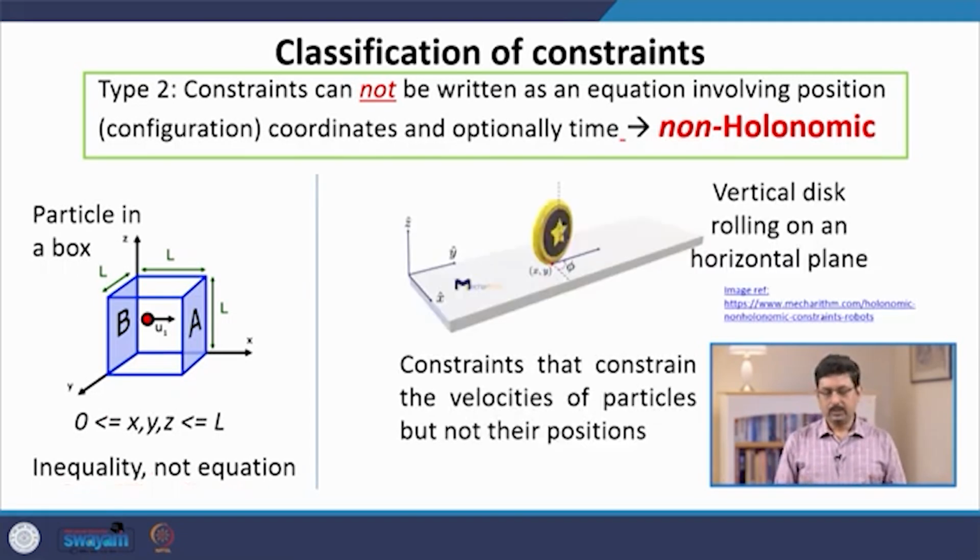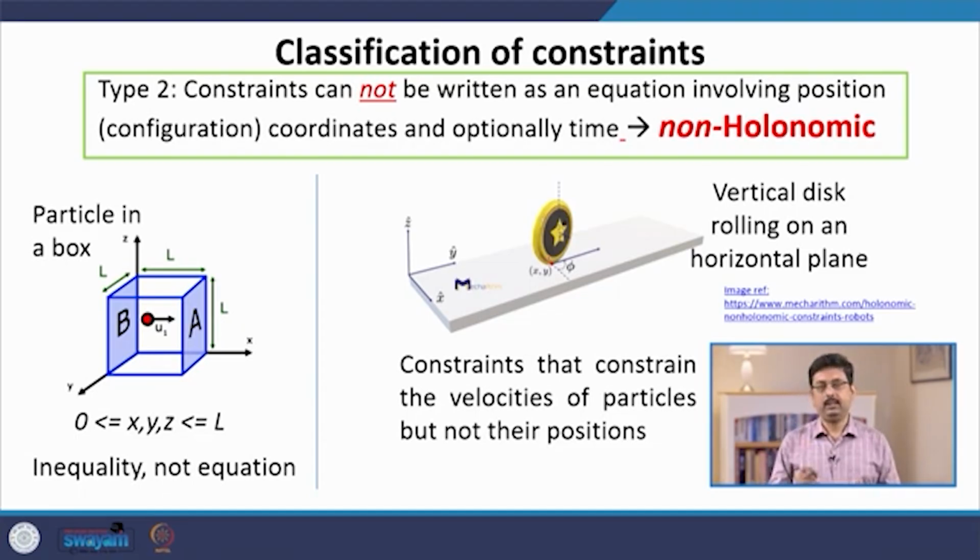Another example which is also very common and very important is the motion of a wheel. Consider this vertical disc which is rolling on a horizontal plane. As you know, the rolling motion does put a constraint. The constraint is that the relative motion between the instantaneous point of contact, denoted as this red dot here, and the surface on which it is rolling must be 0.